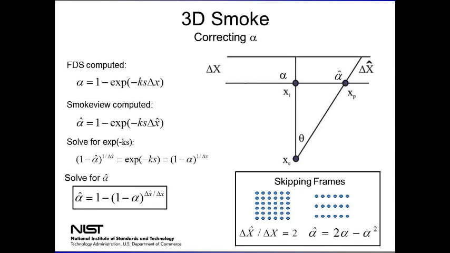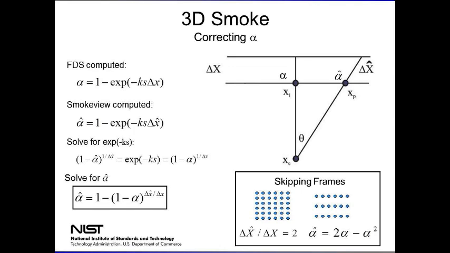Now, one thing that we had to do in Smokeview is, if the pre-processing step was done edge-on using the parallel distance between the two planes, now you're not just looking down the line, you're also looking off to the side. So the path lengths are longer as you go off to the side.